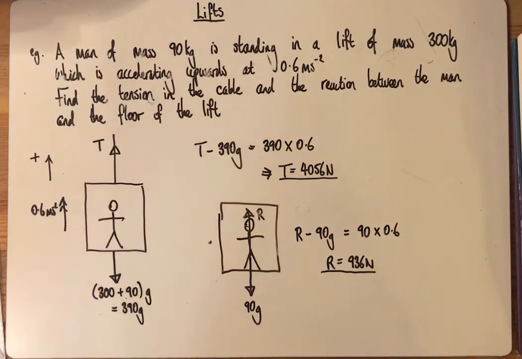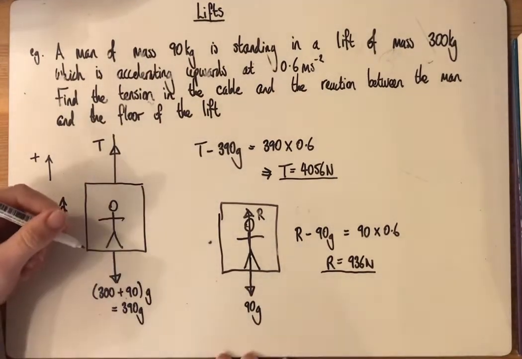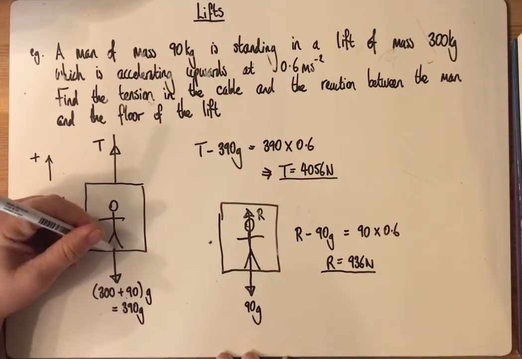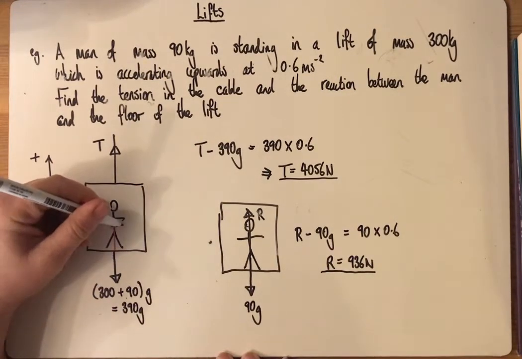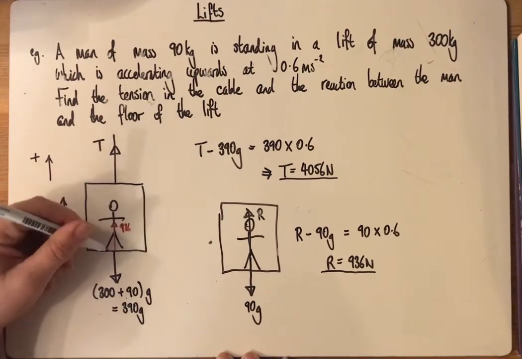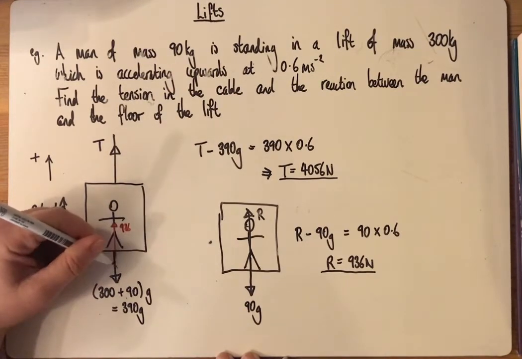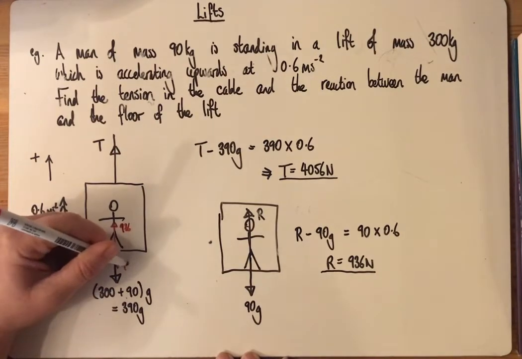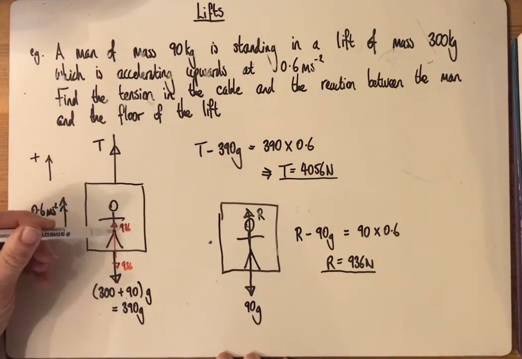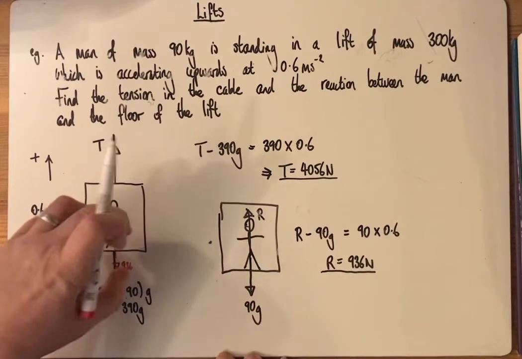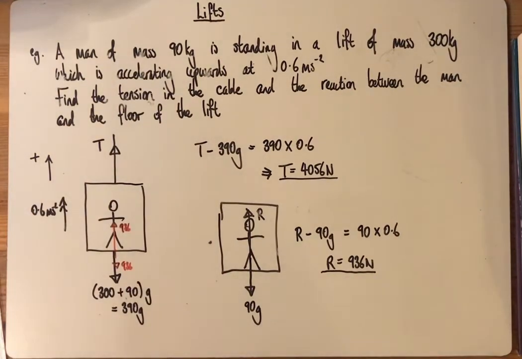So you don't have to write it in when you're treating the system as a whole, but there's the reaction force upwards from the floor of the lift on the man, and there's the reaction force downwards that's acting from the man on the lift. But when you're treating the system as a whole, they cancel each other out, so you can ignore the reaction forces.